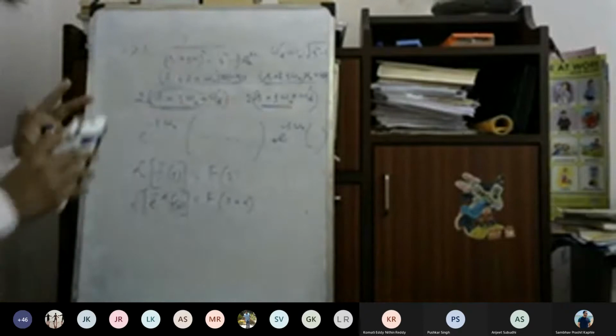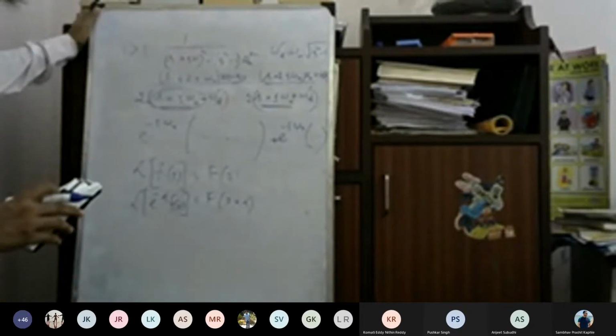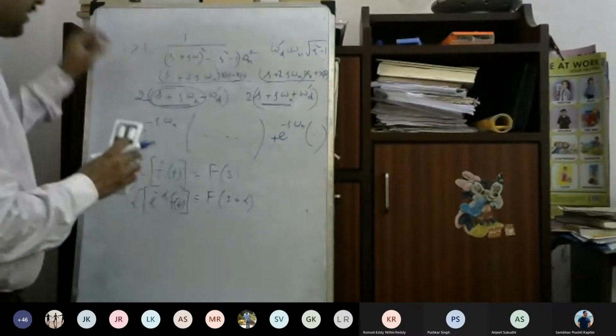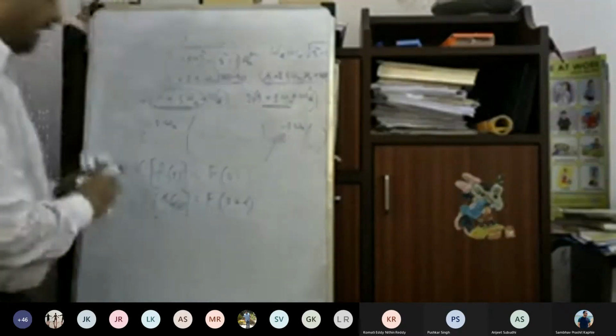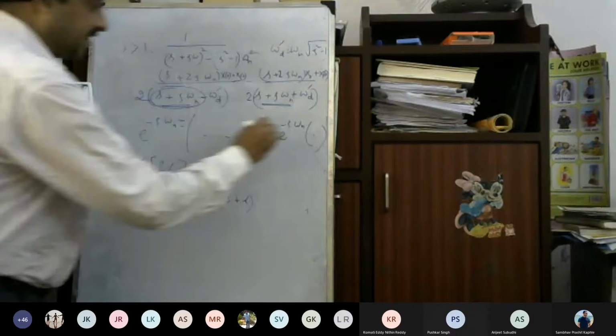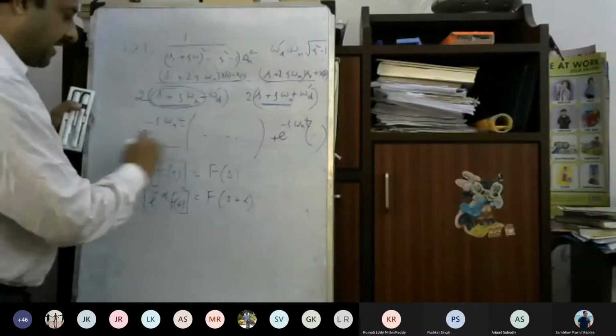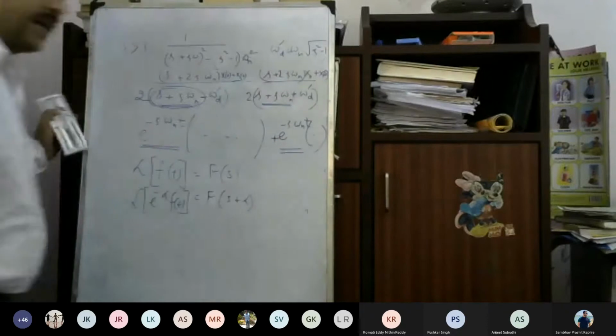Okay, so this is one thing. But so here what we are getting, that for zeta greater than 1, you have a response where, sorry, this is a t term missing, zeta omega n t and minus zeta omega n t, these two terms are there. So because of these two terms, actually the response will always decay.